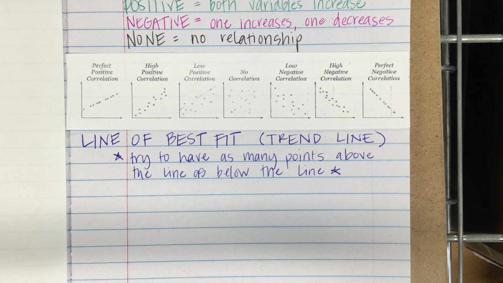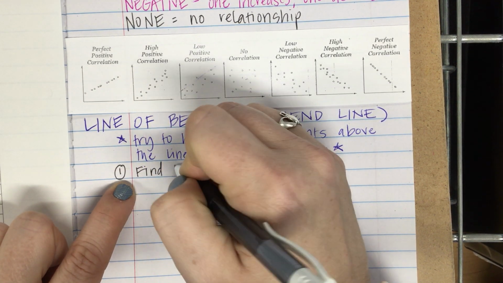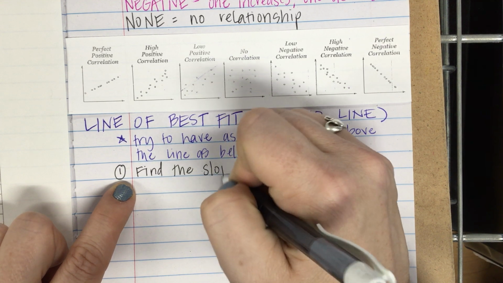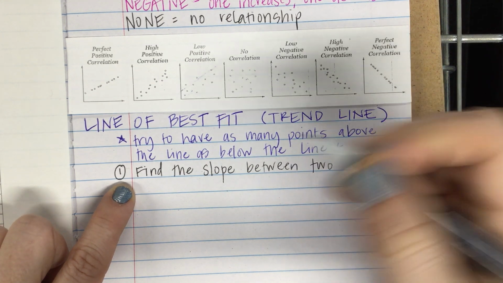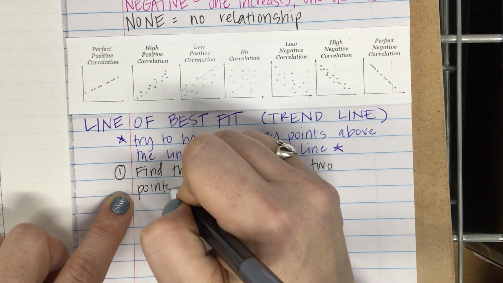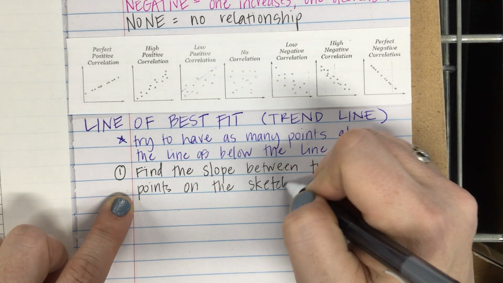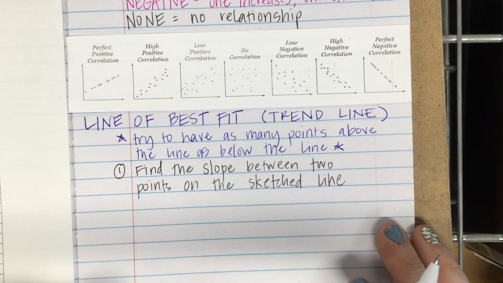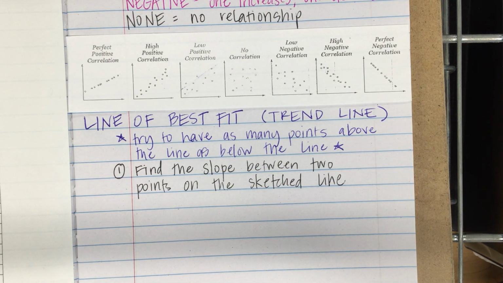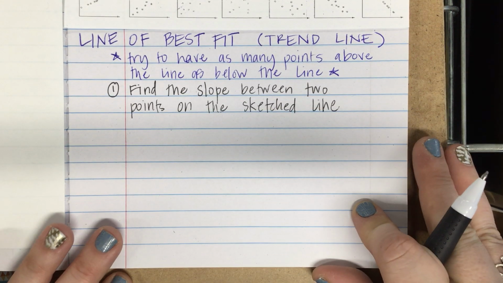So here's how we do it. Step number 1. Find the slope between 2 points on the sketched line. So when you're drawing your line of best fit, you want to try to have your line go through 2 points.